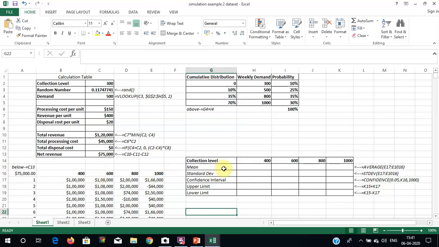Now here, these are my output, 1000 scenarios. Now I study the statistics of my results. So I do statistical analysis of these 1000 scenarios.